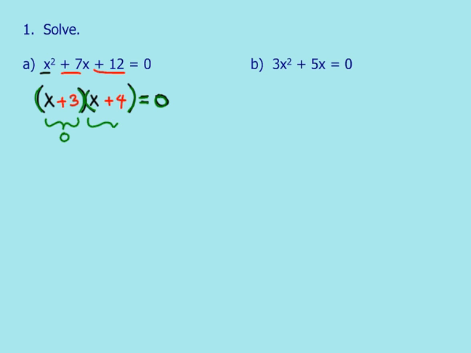So when you times it by a number, it should equal to 0. Or what if the other one was the 0 and this one was the number? So when you multiplied it, that should equal to 0. We're actually going to have two cases. So let's just try it out.